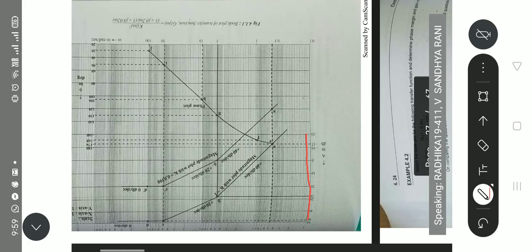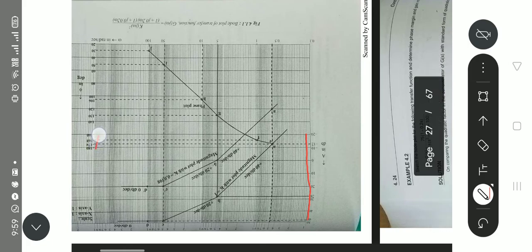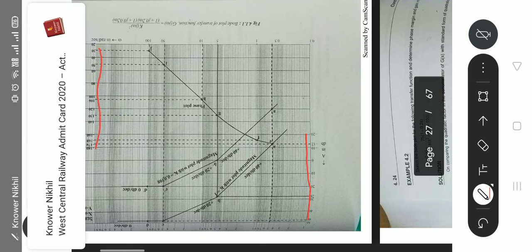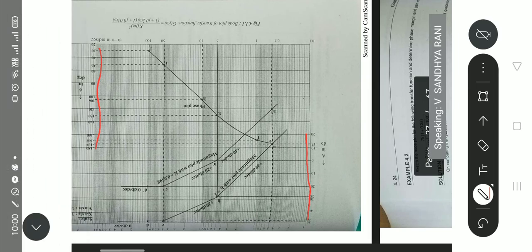Next, here I am taking the phase values: 180, 160, 140, 130, 120, like that, up to 0. Okay, this is the phase value.